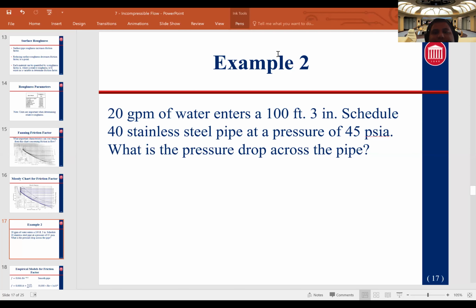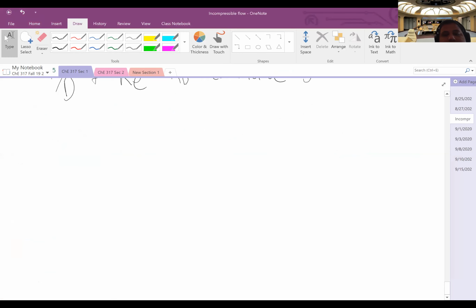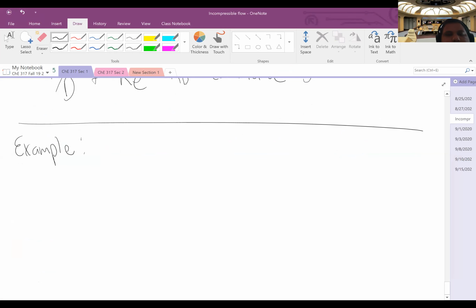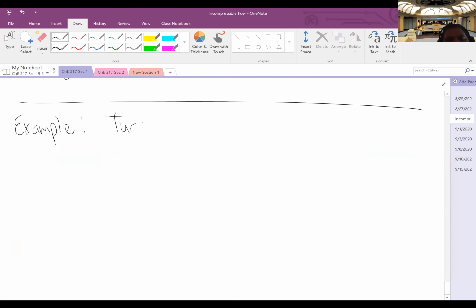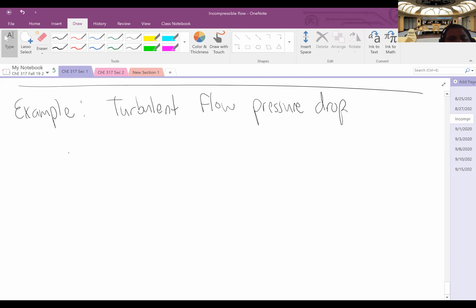So for this problem, I'm going to be using the original expression we developed, f rho U squared L over D. If I have water, the density, am I in English units?